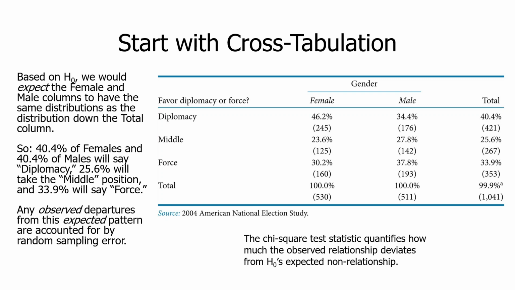So 40.4% of females and 40.4% of males will say diplomacy, 25.6% of both genders will take the middle position, and 33.9% of both genders will say force. Any observed departures from this expected pattern are accounted for by random sampling error. So that's the setup. We have to determine what the data would look like if the null hypothesis were correct, and just how far our observed data depart from that expectation.